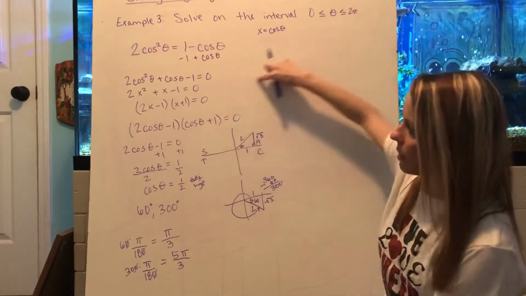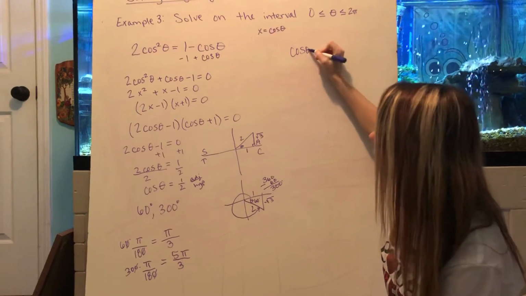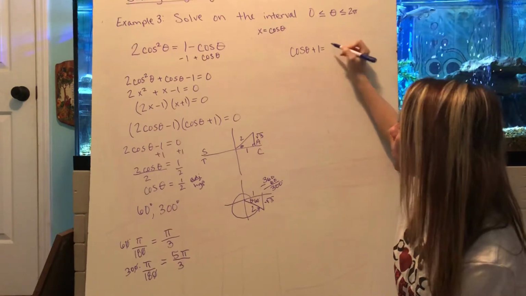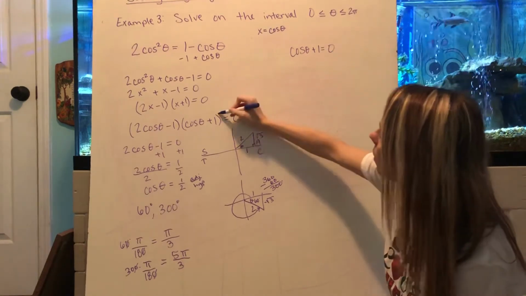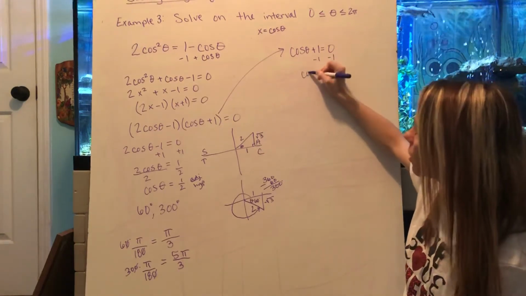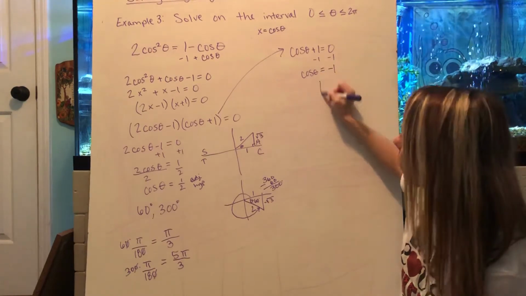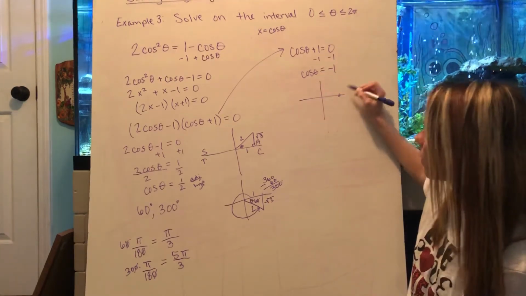Now I have to do the second one. Cosine theta plus 1 equals 0. I'm going to kind of draw a line. Subtract 1 to isolate my trig ratio. Now I'm going to go ahead and draw my unit circle because that's one of those.